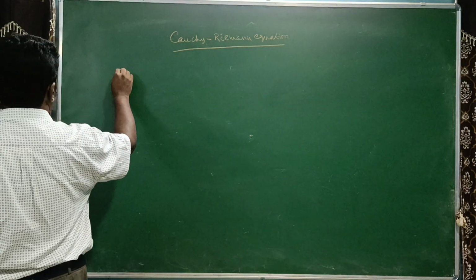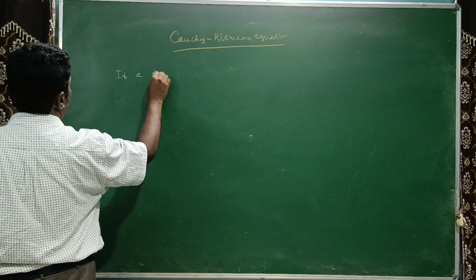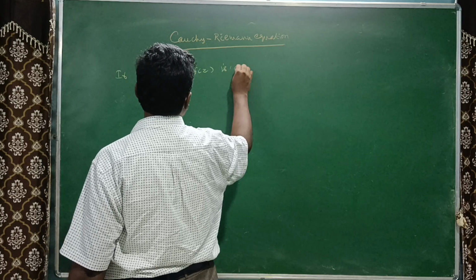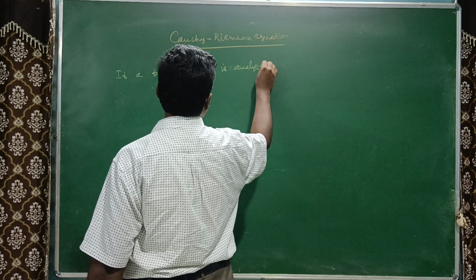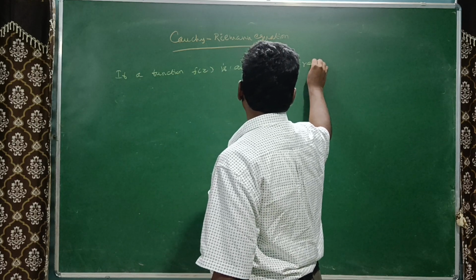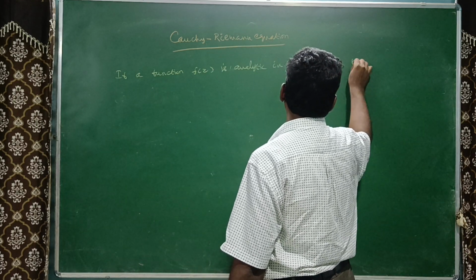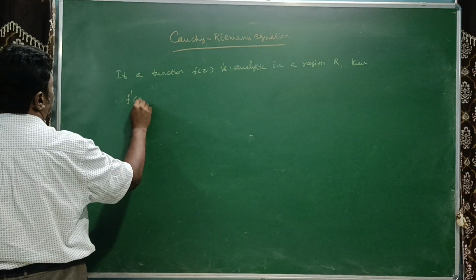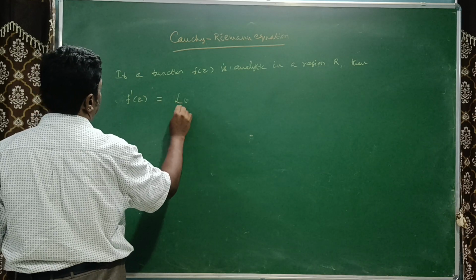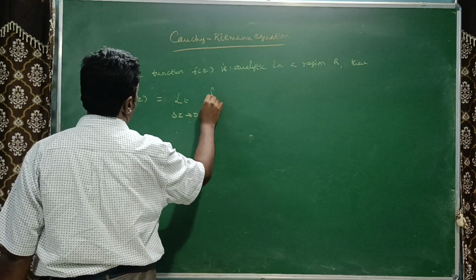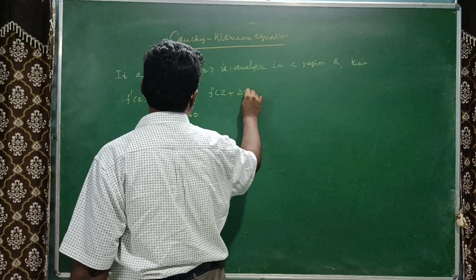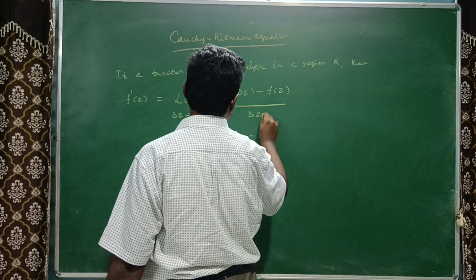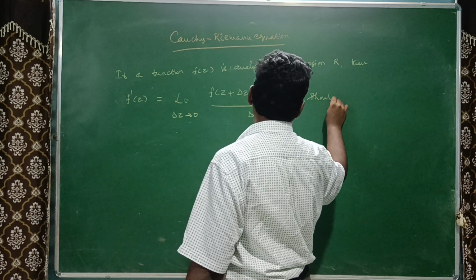If a function f(z) is analytic in a region R, then f'(z) equal to the limit of [f(z + Δz) - f(z)] divided by Δz should exist.